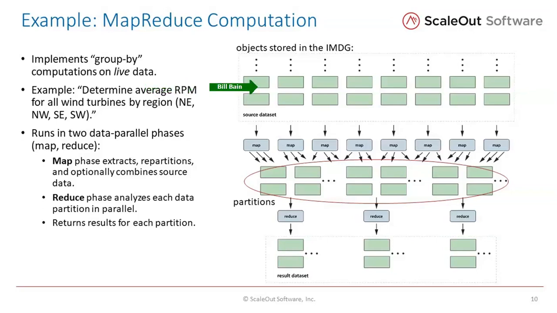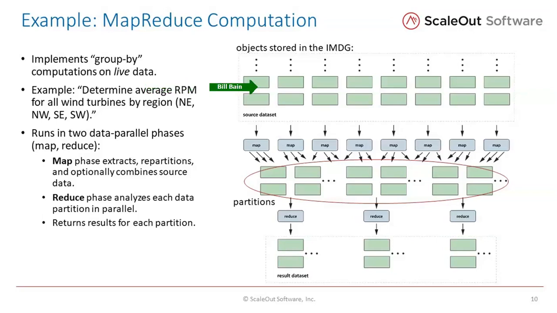This shows 8, but it could be 4. Those 4 partitions then compute the average RPM for all the wind turbines in that region. Notice that these data can come from multiple servers into a given partition, and then reduce all that into 4 results, which is the average RPM for each region. That's what MapReduce does.